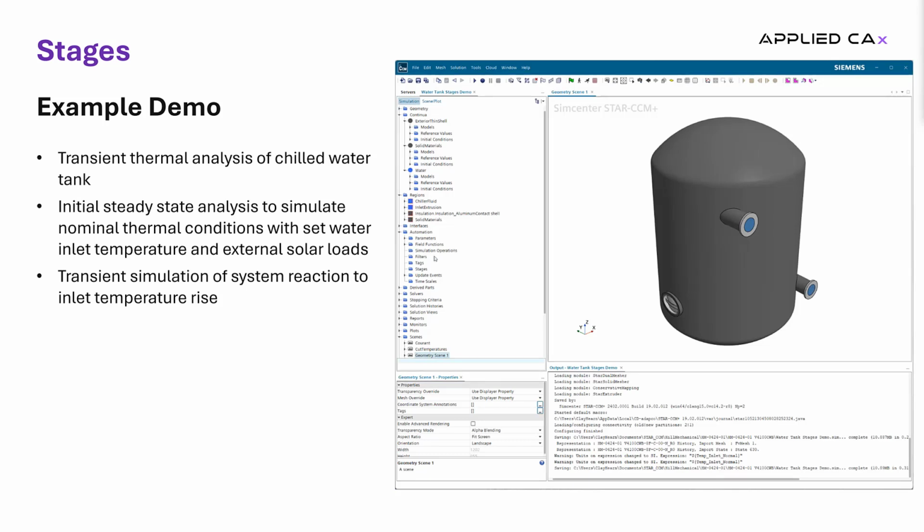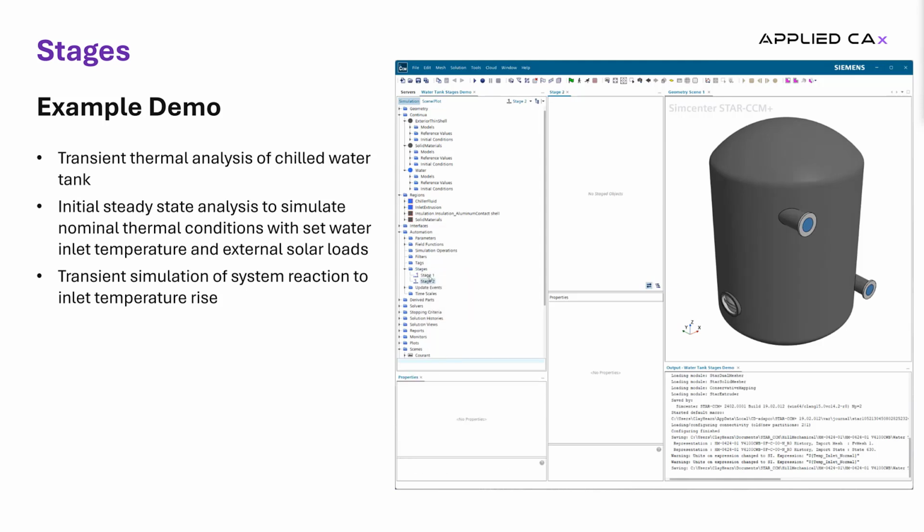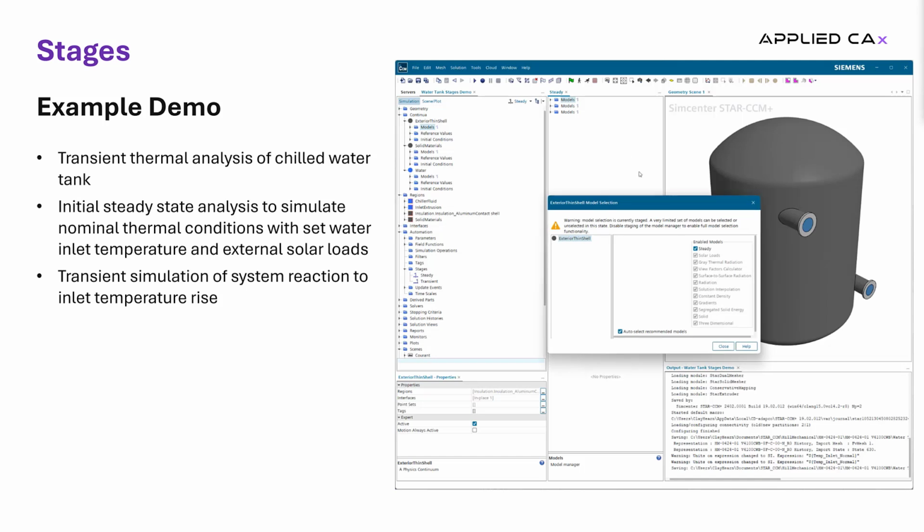First, we'll go over to our stage node and create two new stages that we will rename Steady and Transient. We'll now go to our stage tree, and what we want is the steady stage. Make sure all the physics models that we have defined are set to the steady time domain.